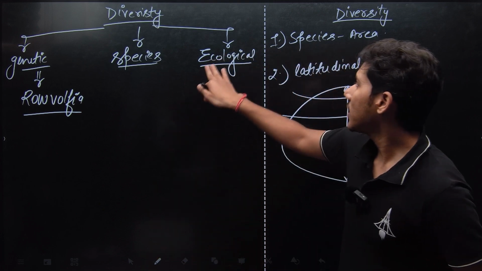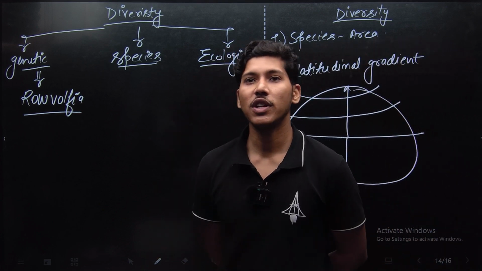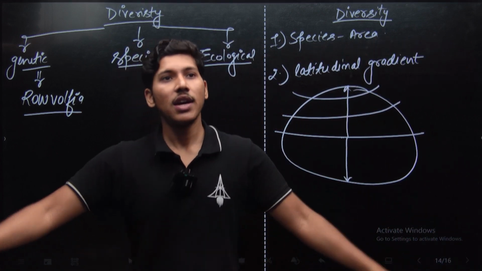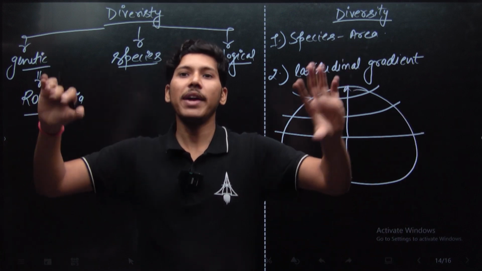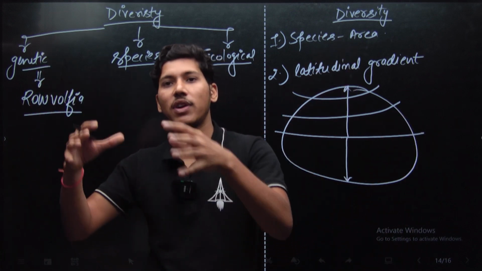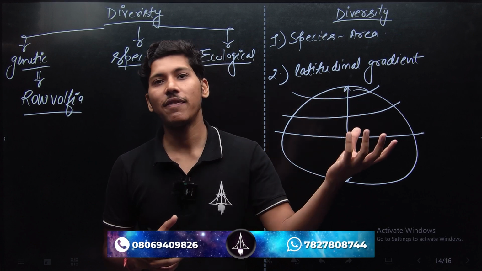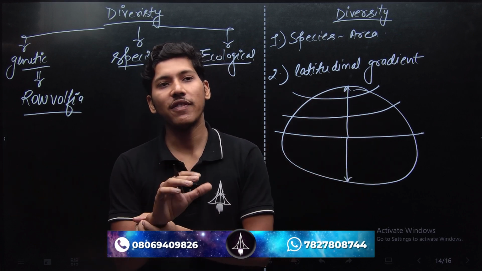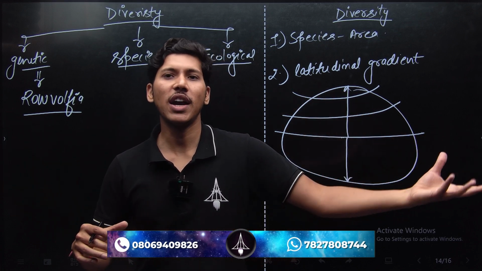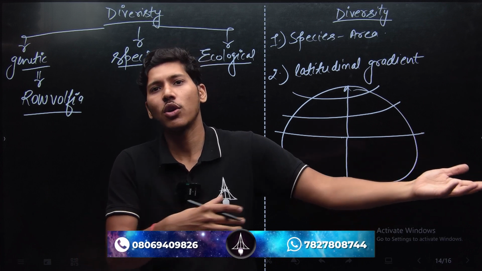And the last one is ecological diversity, in which we compare ecosystems, the climates and the type of conditions in those different ecosystems. Like if we compare Gulf countries with India, we know that Gulf countries mainly have deserts. They only have desert, so there is no ecological diversity in them.